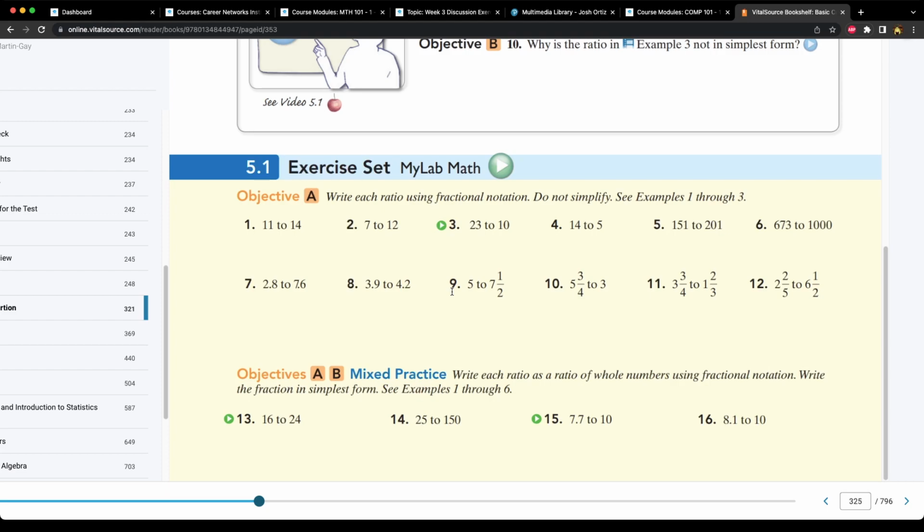Like you're talking to your classmate and saying, well, when we're doing these ratios and we're writing them in fractional notation, what we're doing is just changing the way it's written and the way we can see it. Because if we're talking, we might say 7 to 12, but we may also say, okay, well, 7/12 or 7 divided by 12. And again, it just helps us see the problems differently.